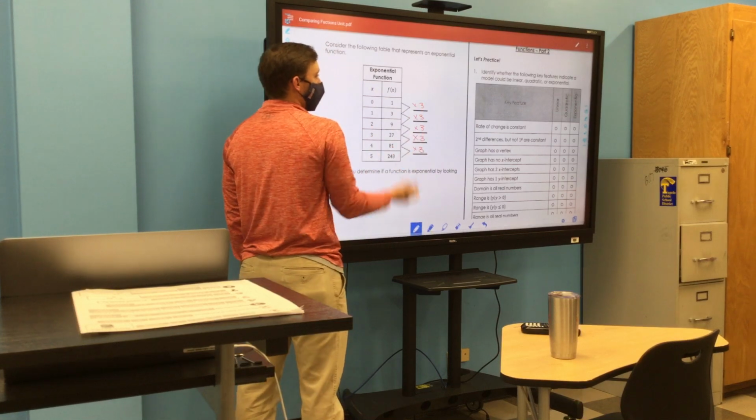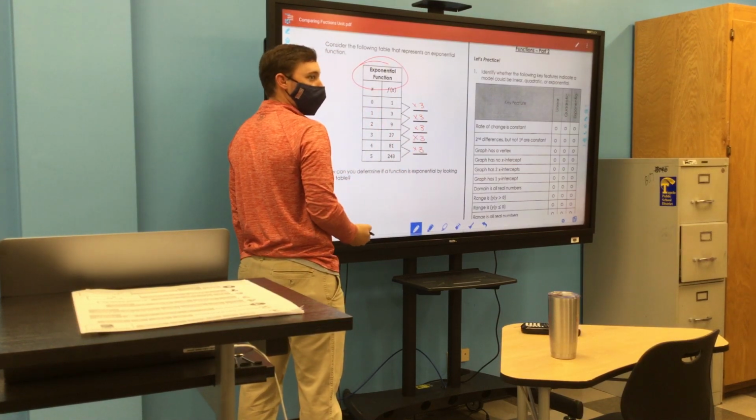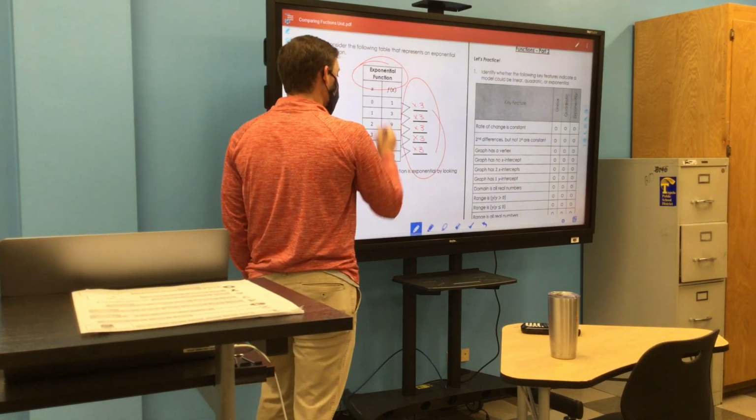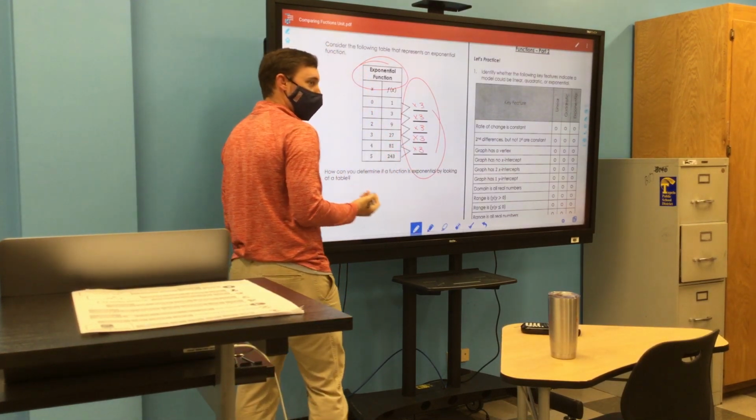This is how you know it's an exponential function. Exponential functions multiply by a constant value. So how can you determine if a function is exponential? By looking at the table.